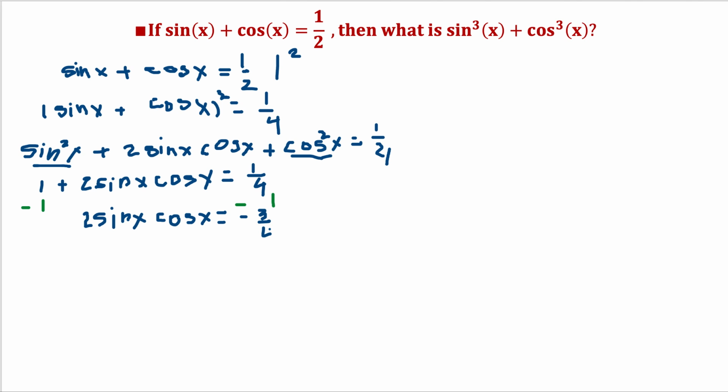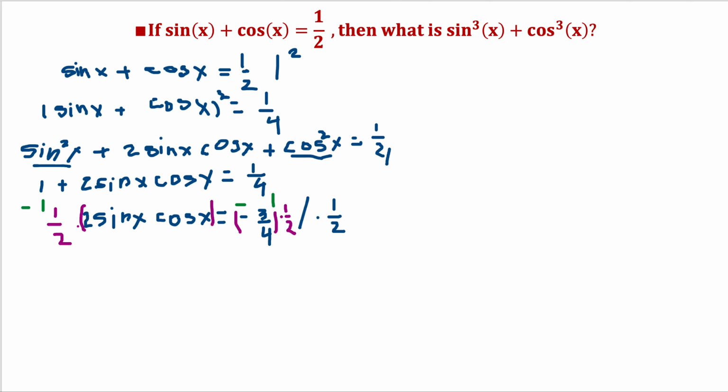You can check it. If I multiply everything by 1 over 2, this side and this side, 1 over 2 is going to be here, and 1 over 2 is going to be here, minus 3 over 4 times 1 over 2. If I do it on both sides, what's going to happen?